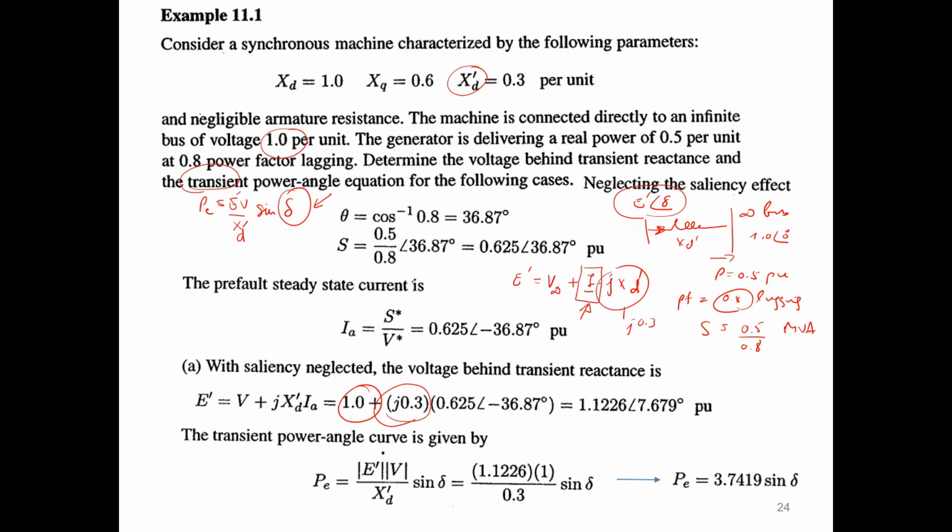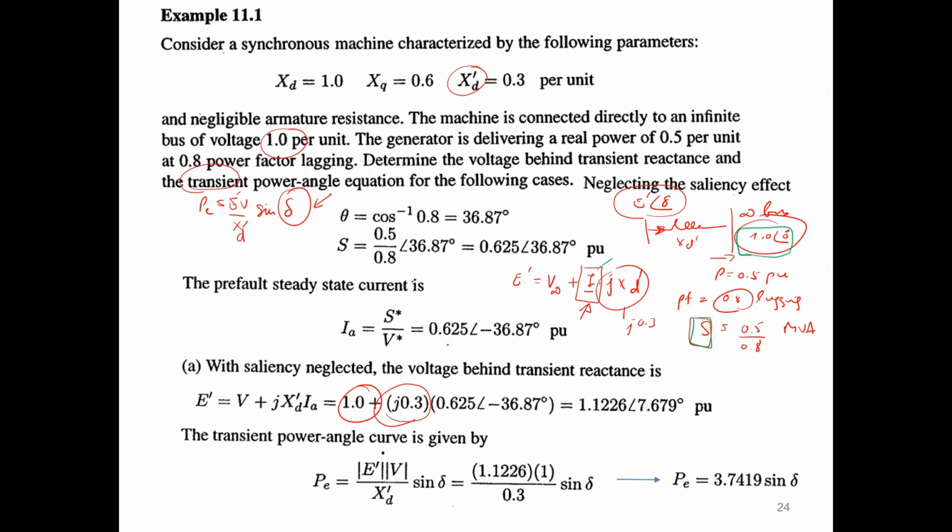The current can be computed from the loading condition. Once you know S and you know V at the load point, you can find I. In per unit, I is S conjugate divided by V conjugate.